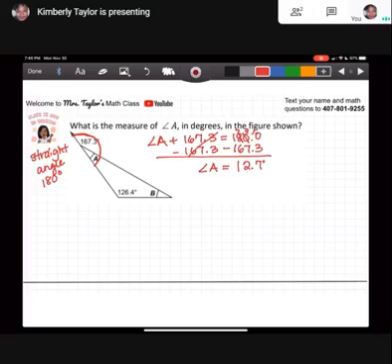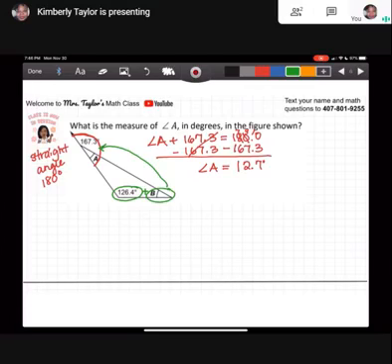Or with my geometry rules, I do know that the 167.3 is a remote exterior angle. So I know that these two angles here, the angle that's labeled 126.4 and angle B, together equal 167.3.